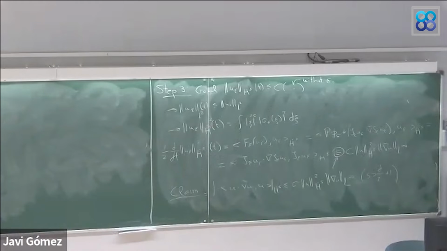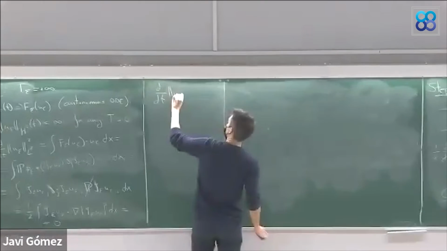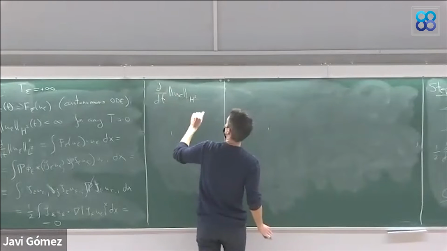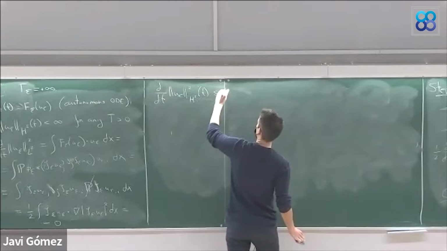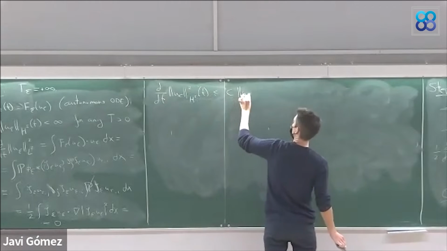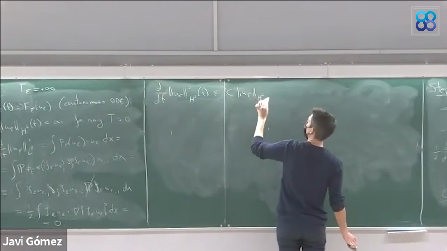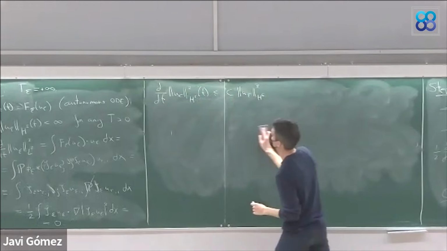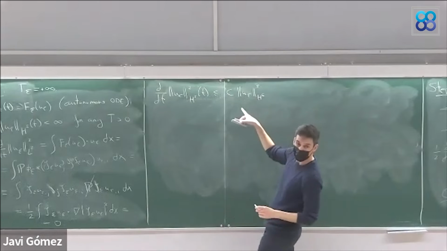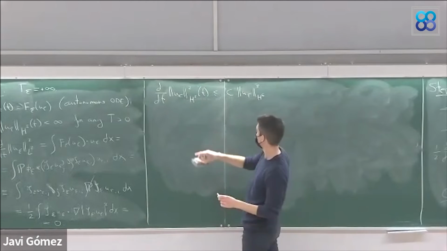So we have concluded the non-homogeneous H^s norm is less than or equal to some constant times the power cube. Let's remove one of them. So take the derivative here.